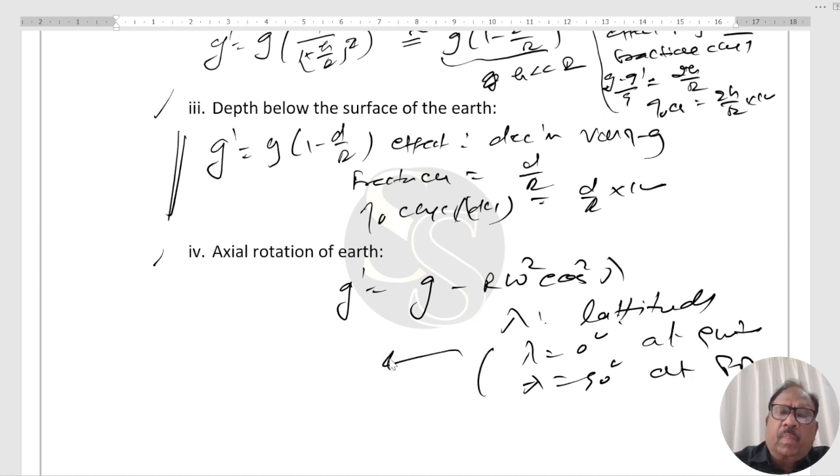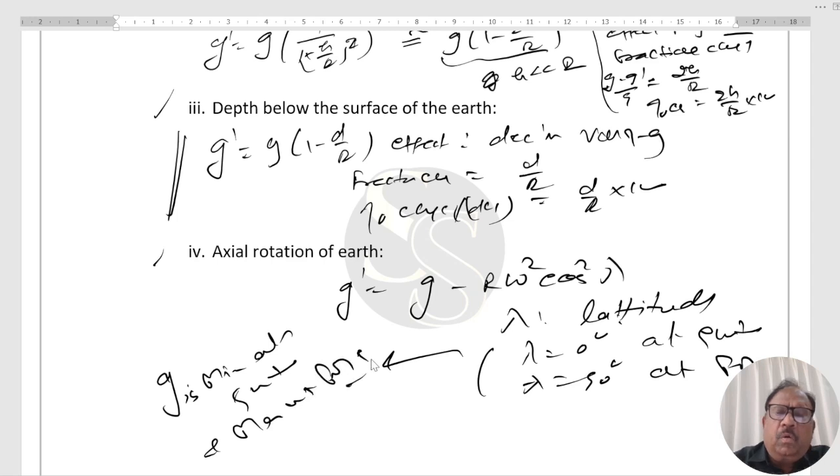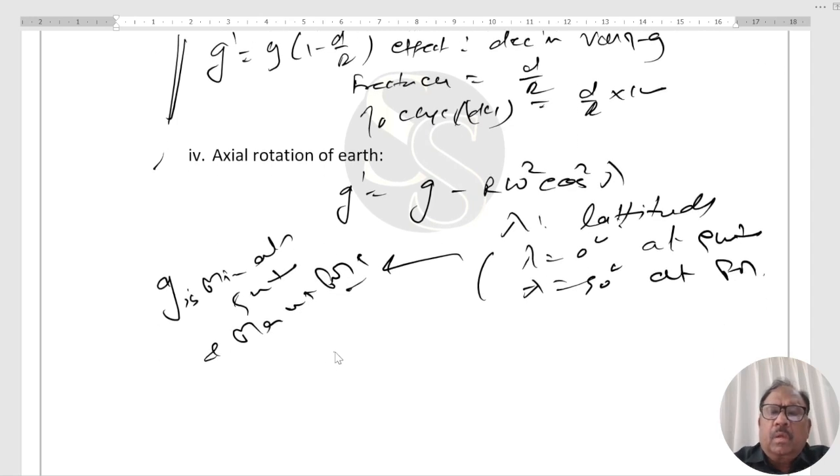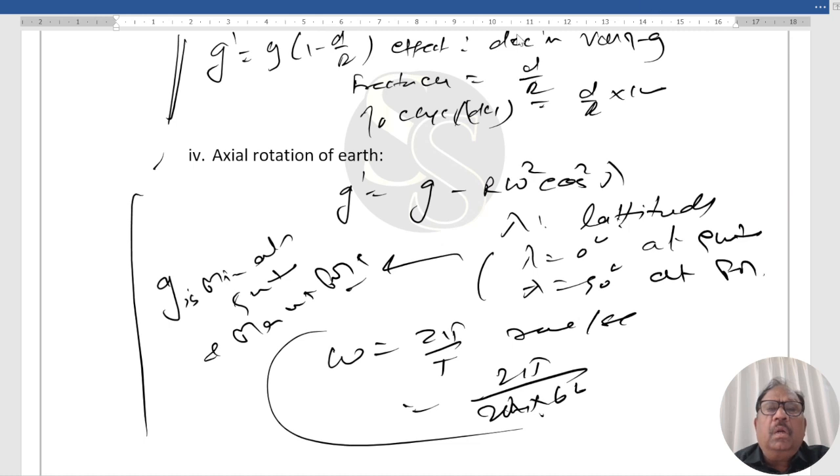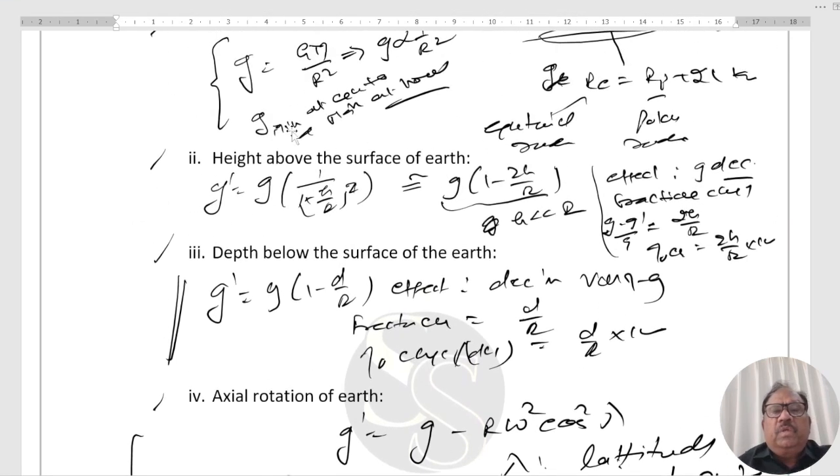From this also, g is minimum at equator and maximum at pole, and omega is 2 pi by T radian per second, 2 pi upon 24 into 60 into 60. According to this we can find out. This is all about the variation of g due to this and this.